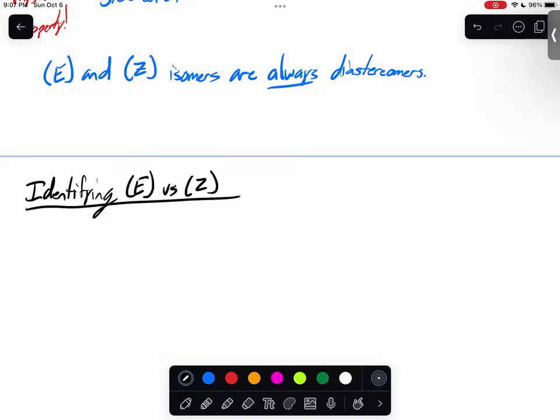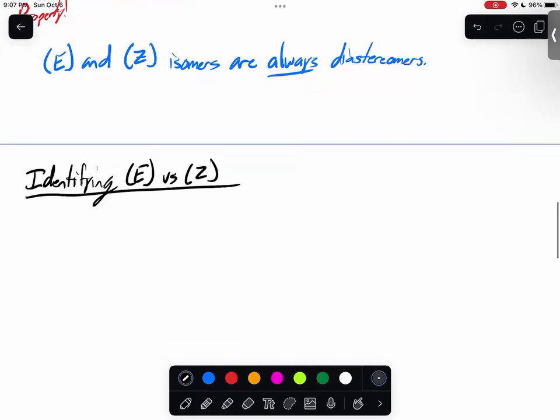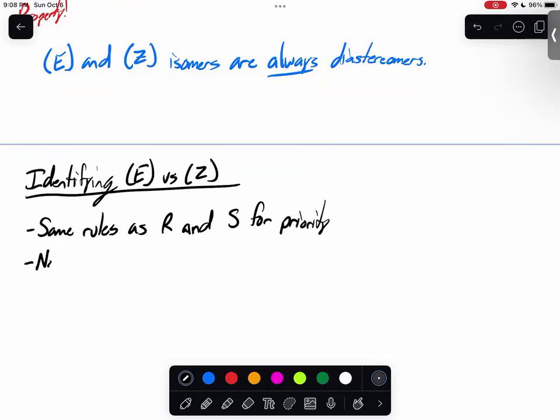And so essentially what we're going to see is that these have the same rules as R and S for priority, but now we only care about priority one off each side of the alkene.